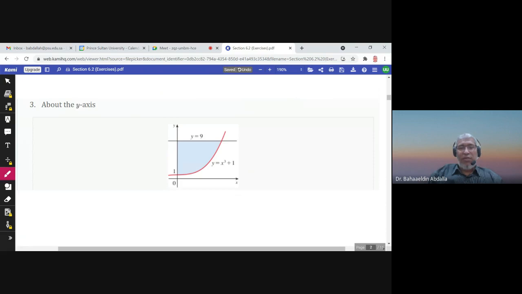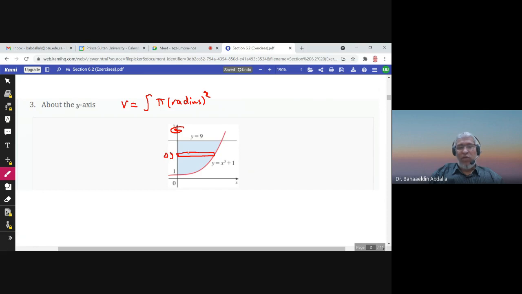Now, when we rotate about the y-axis, the volume would be given by pi times radius squared. But here the rectangle is, as usual in this method, perpendicular to the axis of rotation.